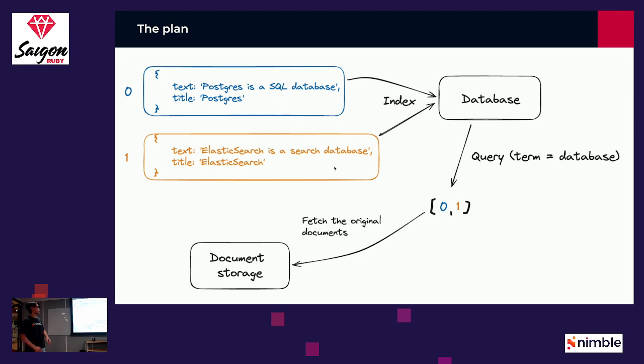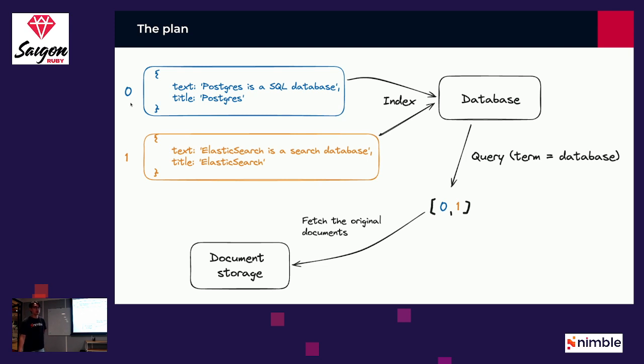The high-level plan is, let's say you have two documents here, and you're going to index them into a database, and later on you're going to query it back. Let's say we query with the term database, and you need a way to identify the document. So let's use a simple auto-incrementing integer.